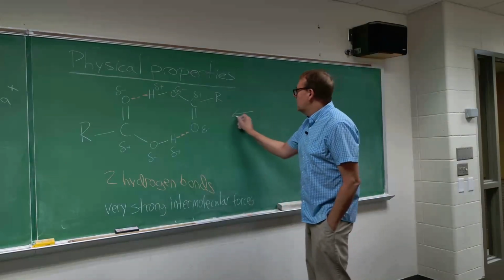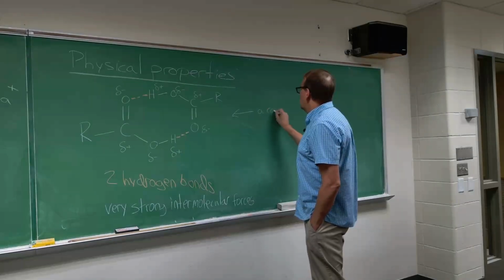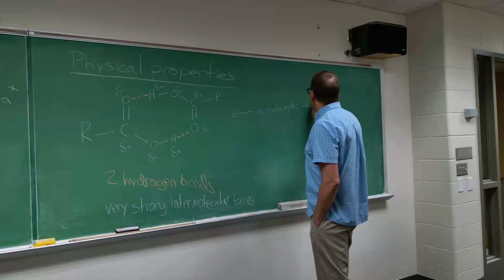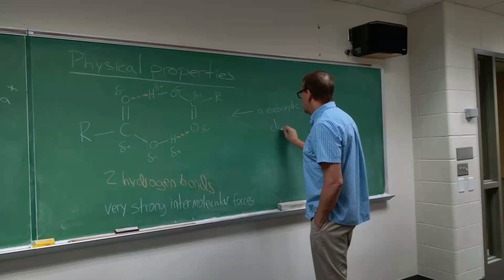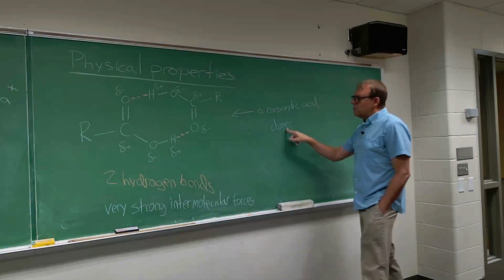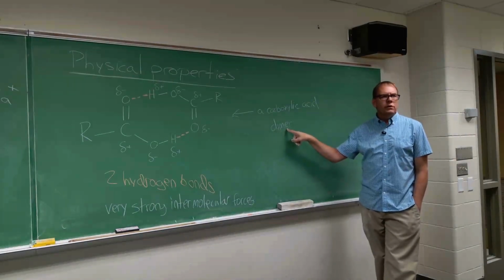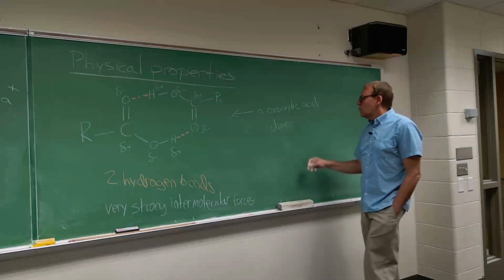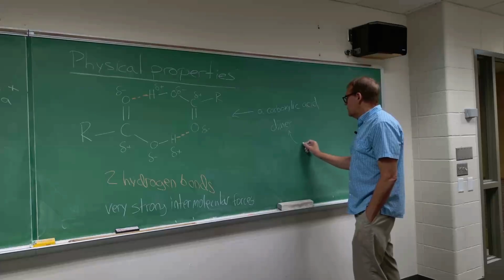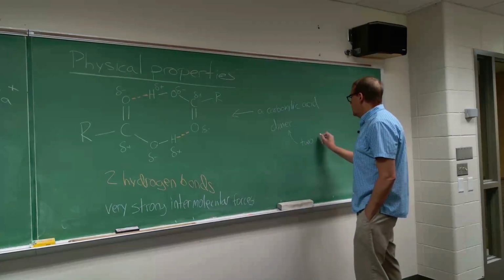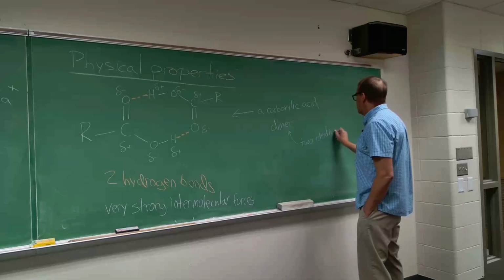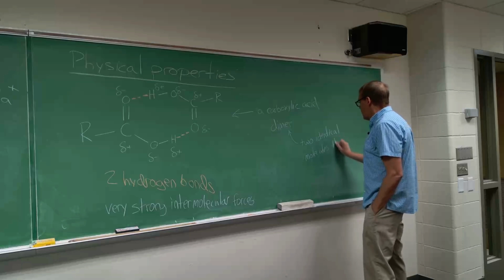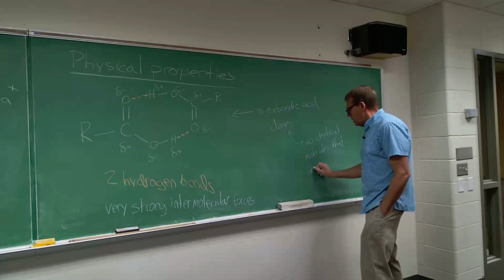This is called a carboxylic acid dimer. What dimer means, and you're going to see dimer listed in biology when you start talking about proteins and all kinds of things, is that this is two identical molecules that are associated.